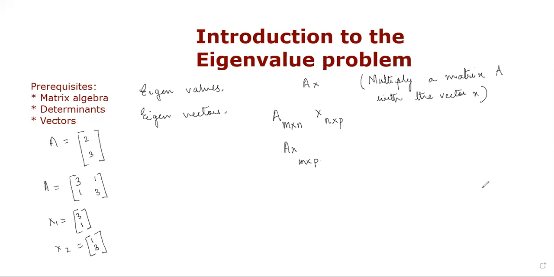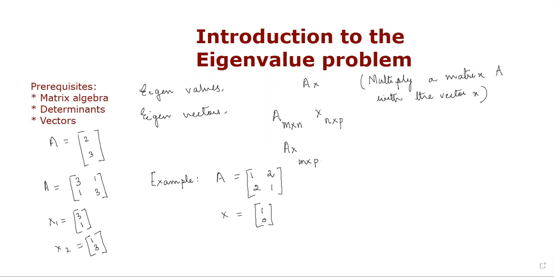Let us take an example of matrix multiplication. Say I have a matrix A equal to 1, 2, 2, 1, and a vector x equal to 1, 0.